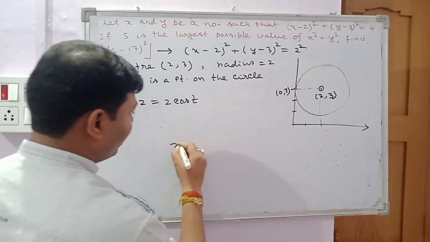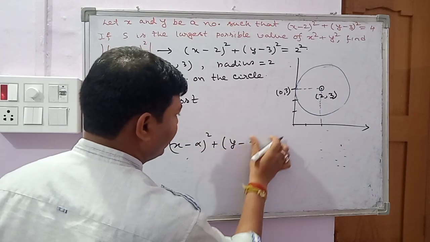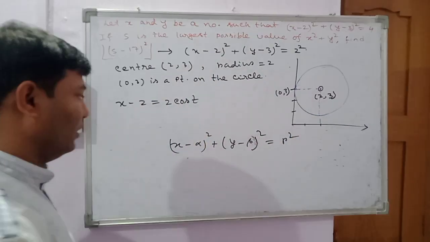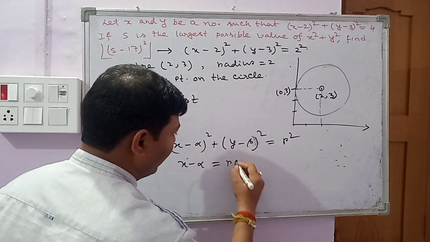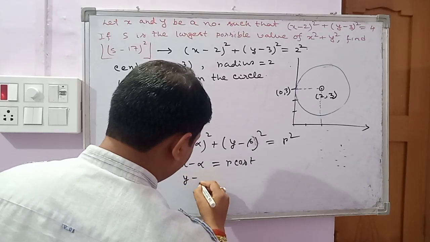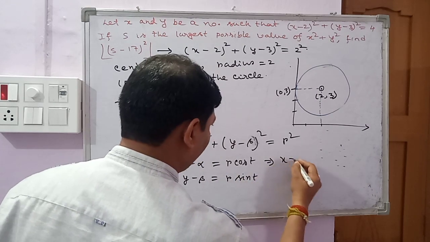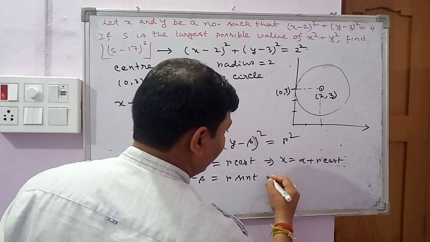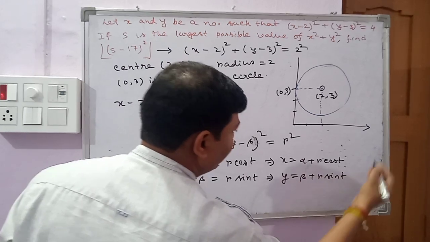How can we choose it? If (x minus alpha) whole squared plus (y minus beta) raised to the power 2 equals r squared is the equation, then x minus alpha can be chosen as r cos t, and y minus beta equals r sin t, which gives x equals alpha plus r cos t and y equals beta plus r sin t.